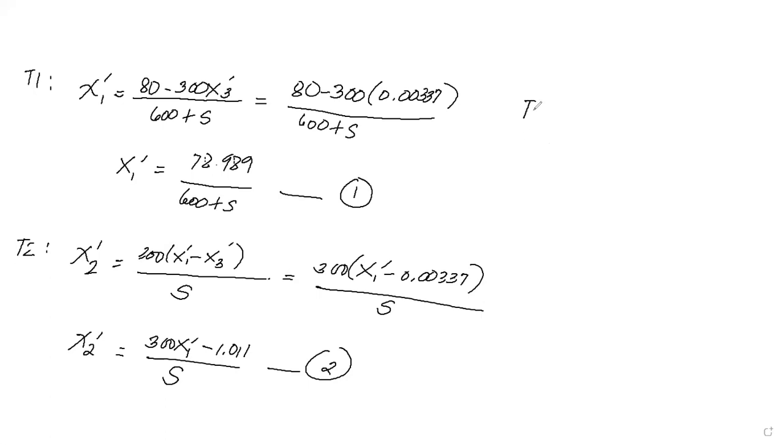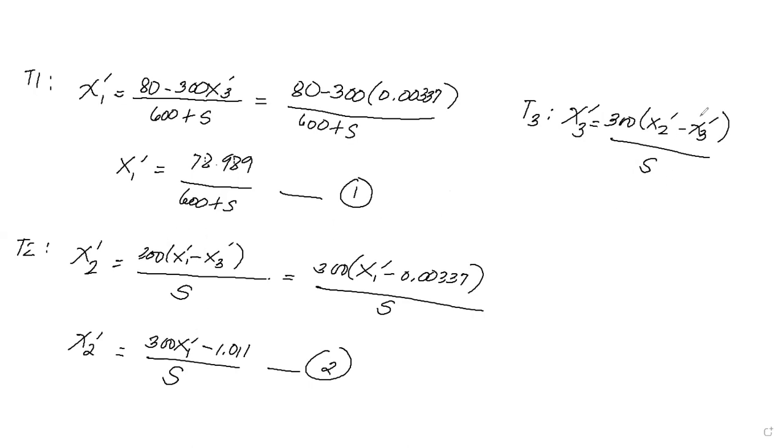We can do that also for thickener 3. So for thickener 3, we have x sub 3 prime, and we have for that 300 times the quantity x sub 2 prime minus x sub 3 prime divided by thickener 3, that would be S. So the only difference between this one and this one is x sub 1 prime.